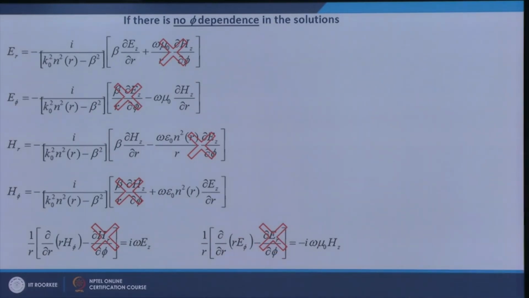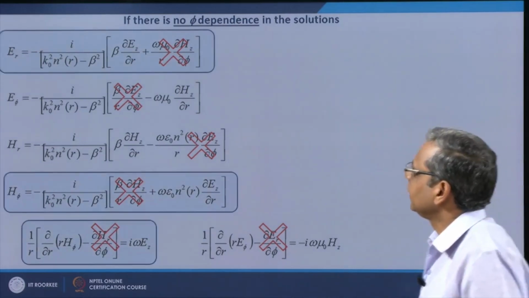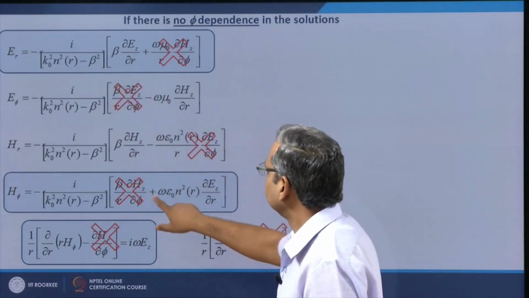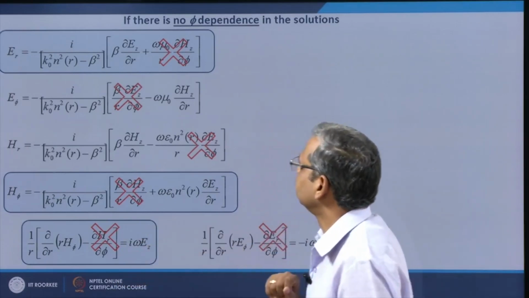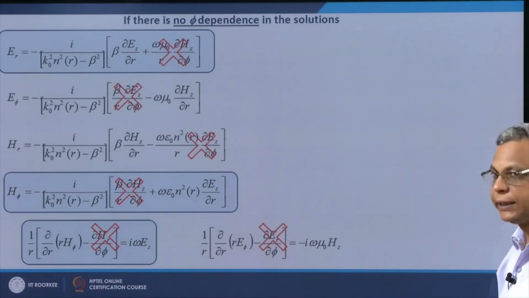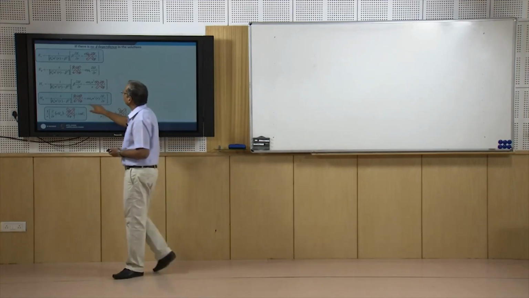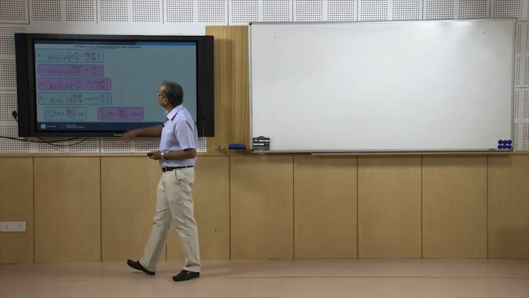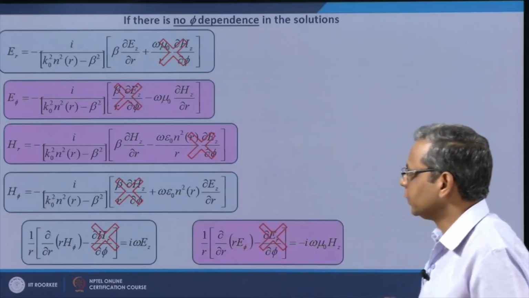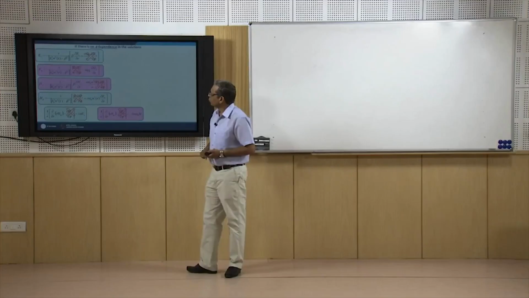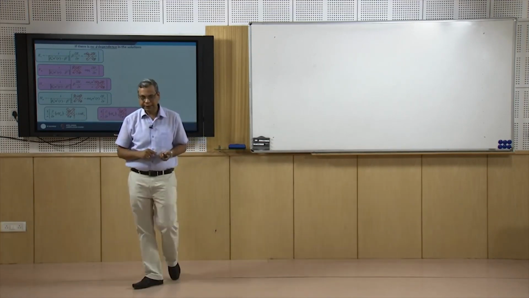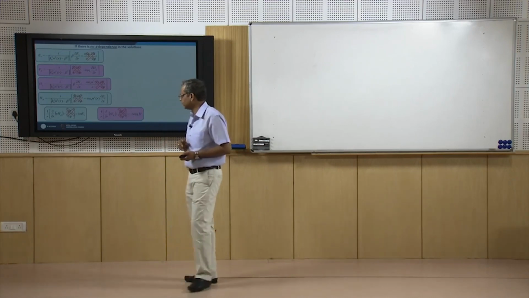Then I can see that in these three equations I have only Ez and there is no Hz. So, in these three equations Hz is equal to 0, and in these three equations there is no Ez, so Ez is equal to 0. Only for this case I can separate out the two polarizations, TE and TM.